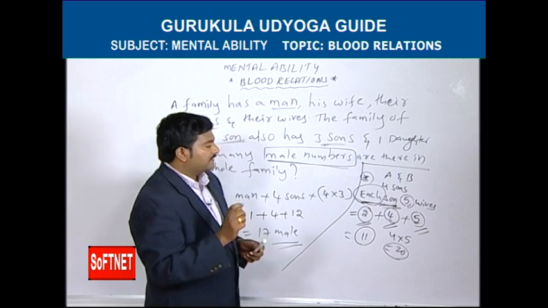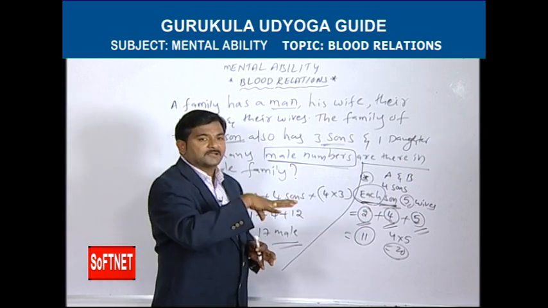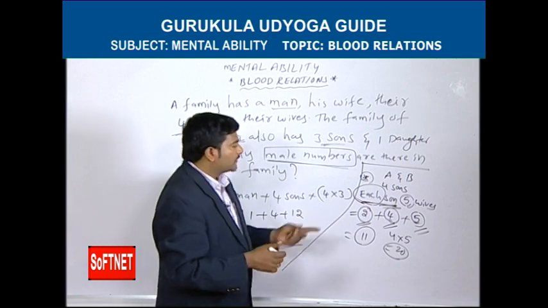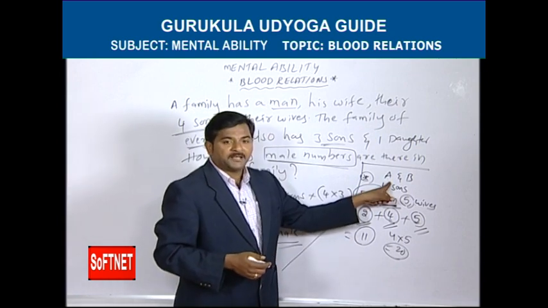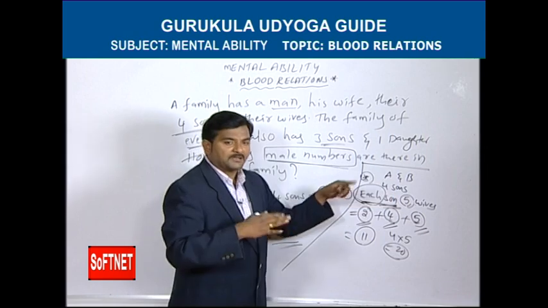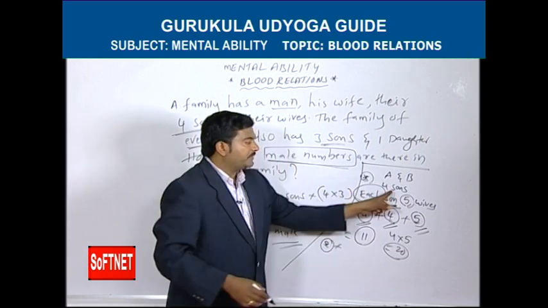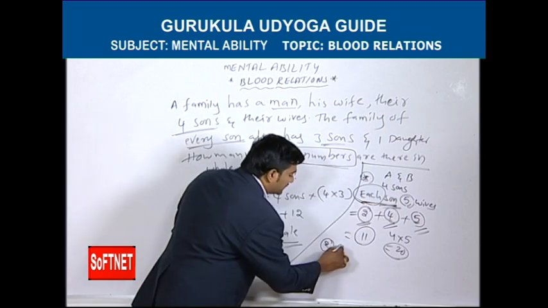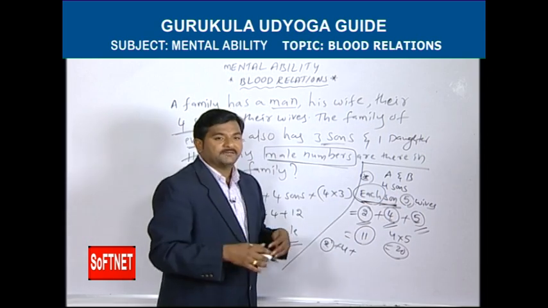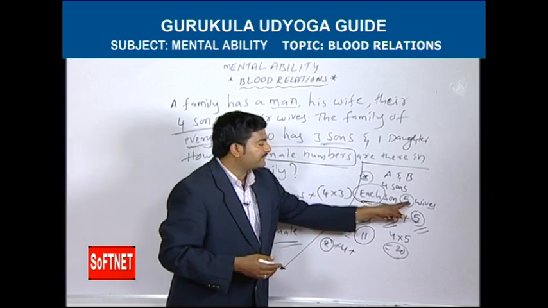That is the relation between the sister concept and the wife concept. Now how can we describe this? A and B are father and mother, or wife and husband, so they are 2 people. There are 4 sons, and each son is having 5 wives.